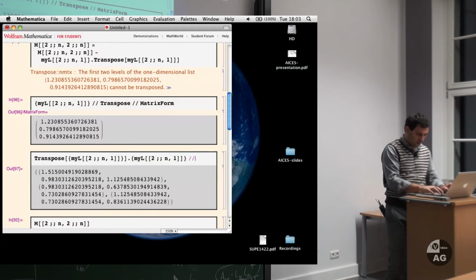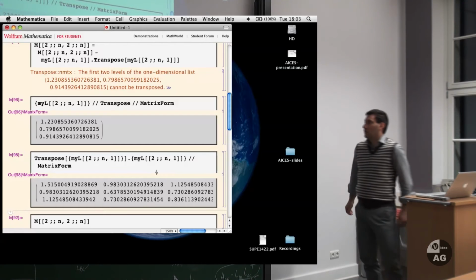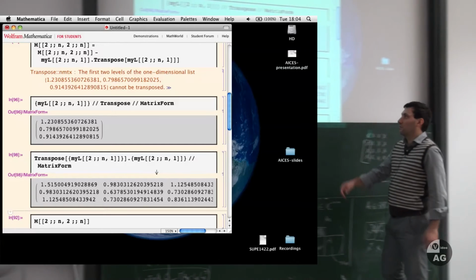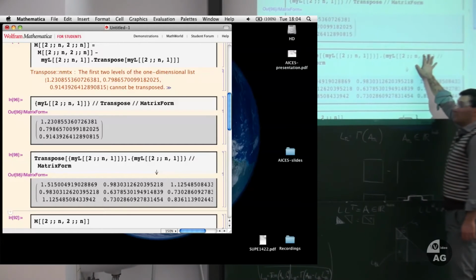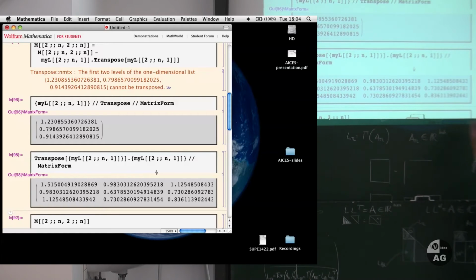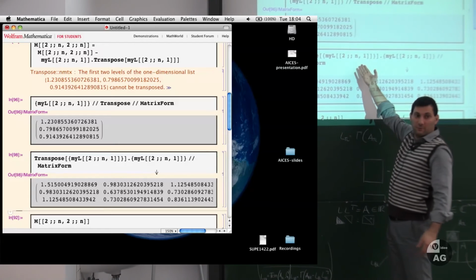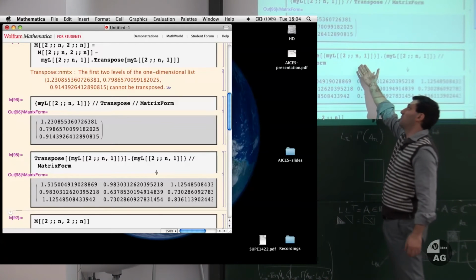So if you go in matrix form, do you see the problem? We wanted to transpose the second part of our expression. It's a column times its transpose. And here, we are forced to do exactly the opposite.